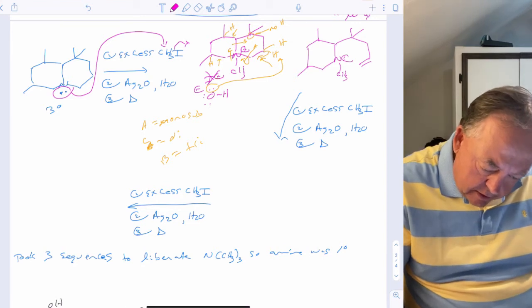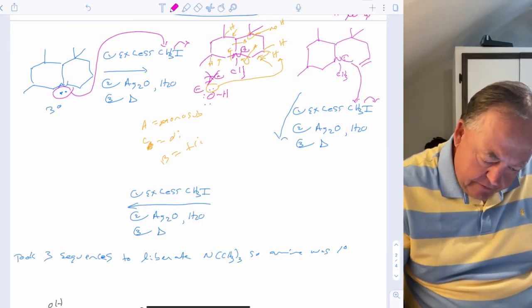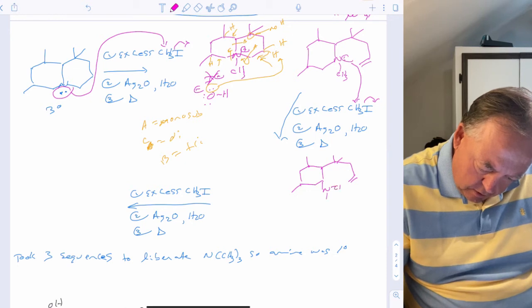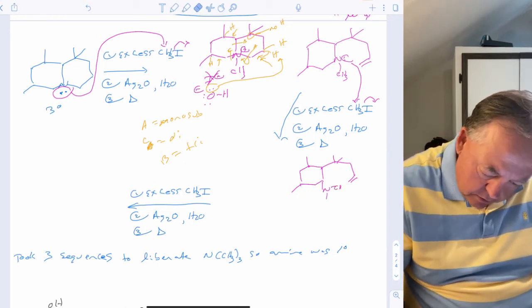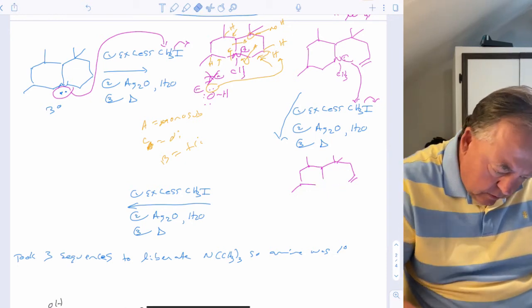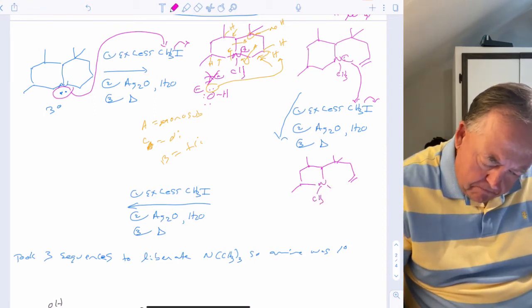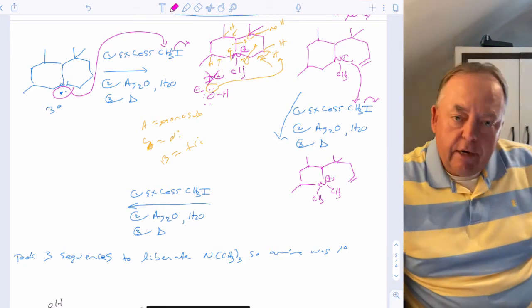Okay, so now this is going to react here and kick that off. Right now it's quaternary again.